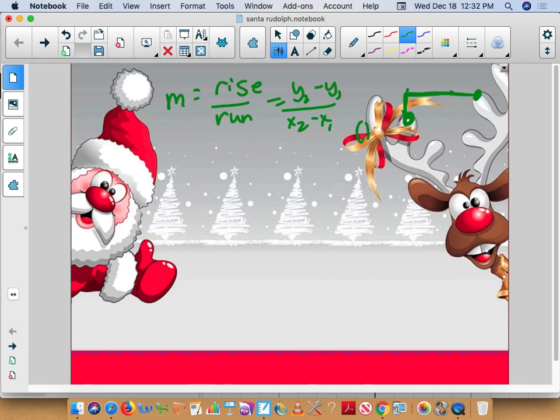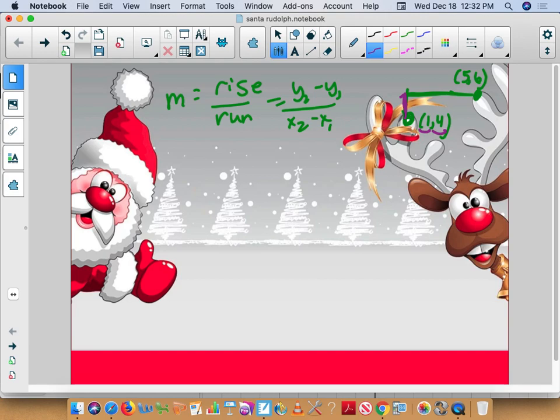If this point is (1, 4), which you can't really read, I'm sorry, and this point is (5, 6), okay? How far up did you count to go like this? If you're going up, which part of the point is changing?